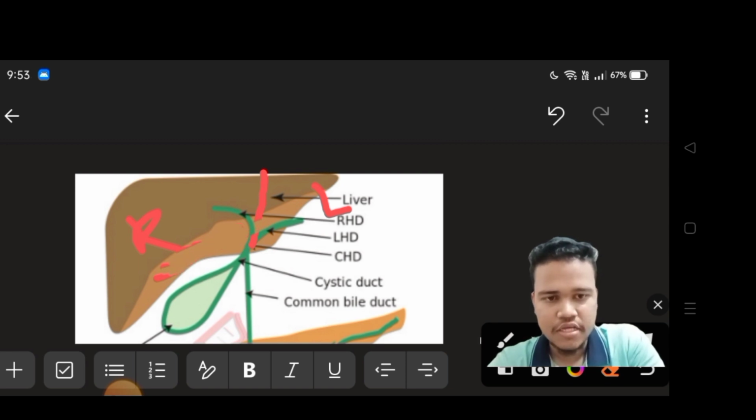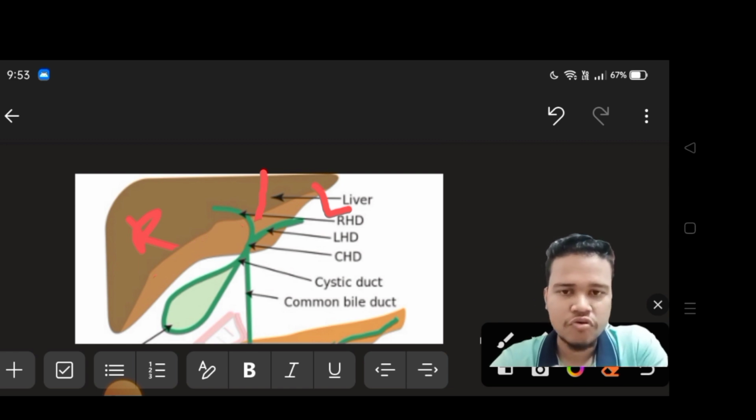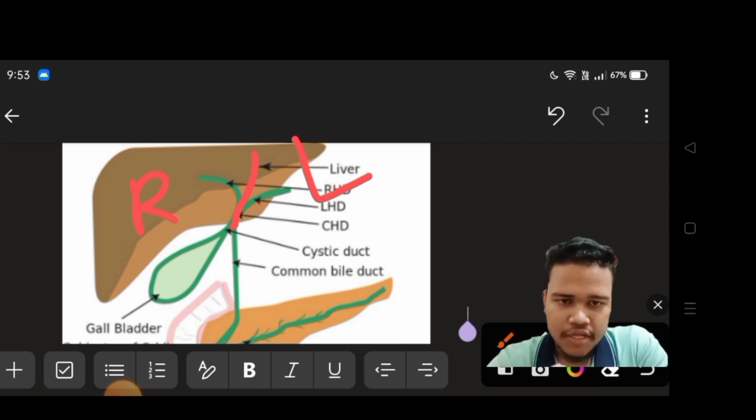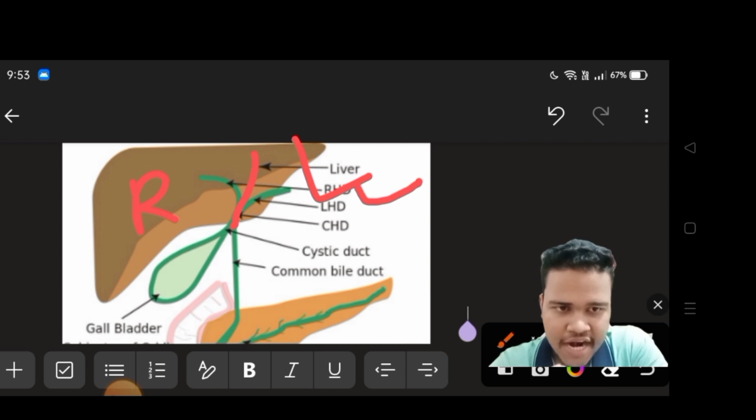Okay, fine. This figure has to be understood by us. This is our right lobe of the liver, this is our left lobe of the liver. Then you can see RHD, which indicates the right hepatic duct, derived from the right lobe of the liver, and below it LHD, the left hepatic duct, derived from the left part of the liver.